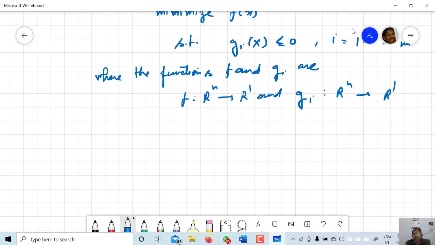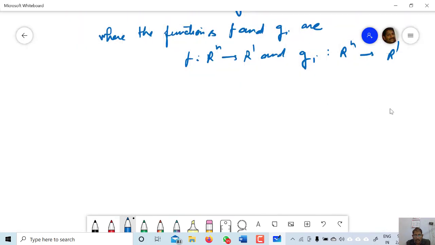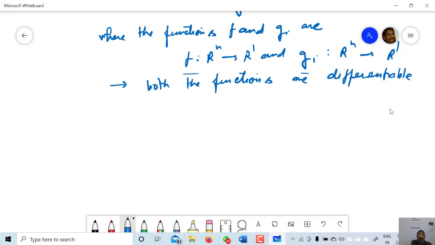So both are tending toward a single dimension, and we assume that both the functions are differentiable, okay. Both the functions are differentiable.